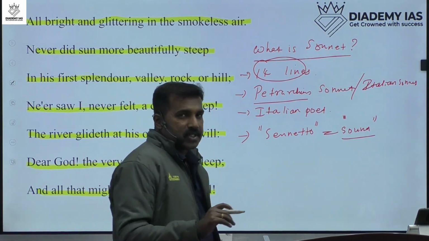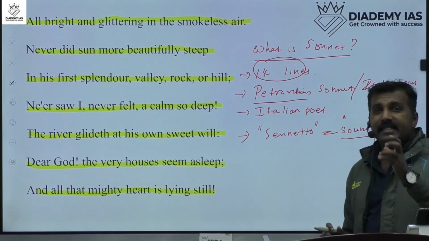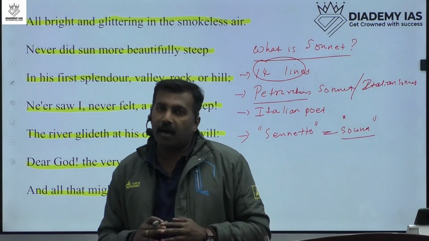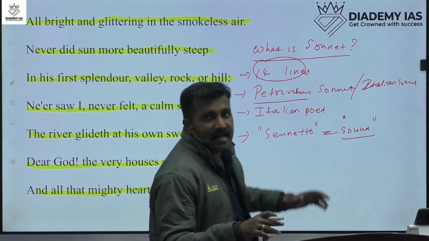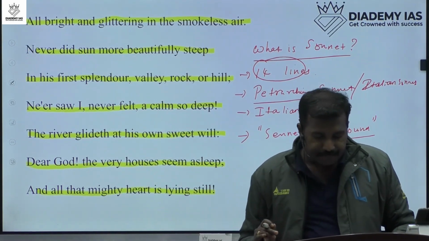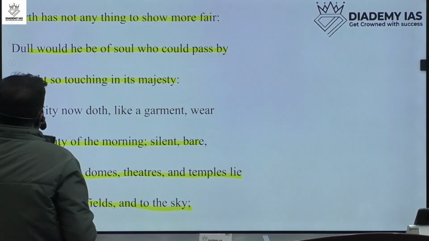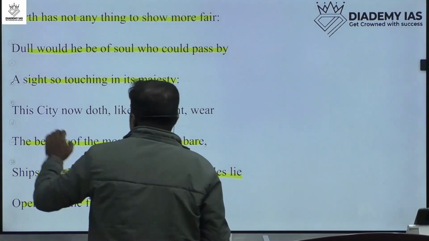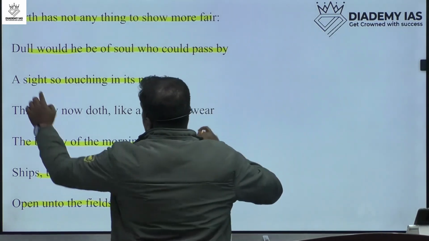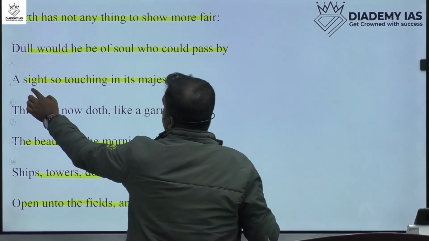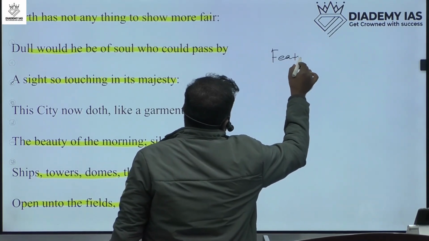That's why this type of sonnet is named a Petrarchan sonnet. So these are the important ideas relating to sonnet. And here we can discuss what are the features of the Petrarchan sonnet.